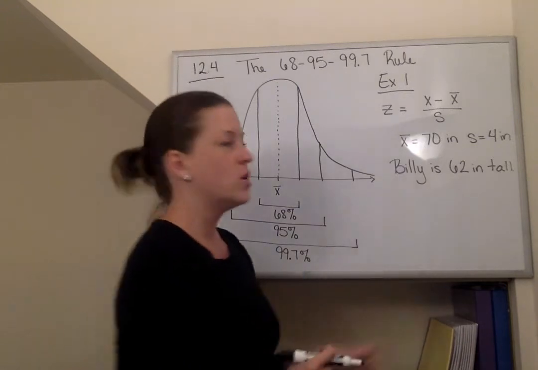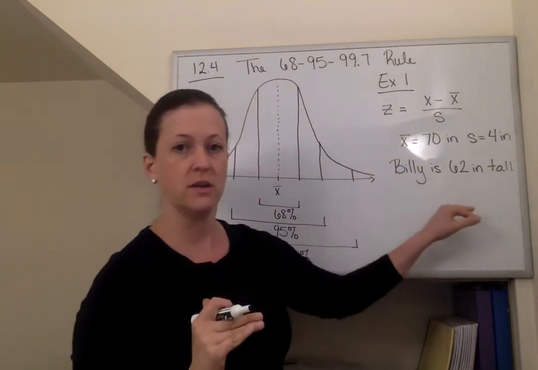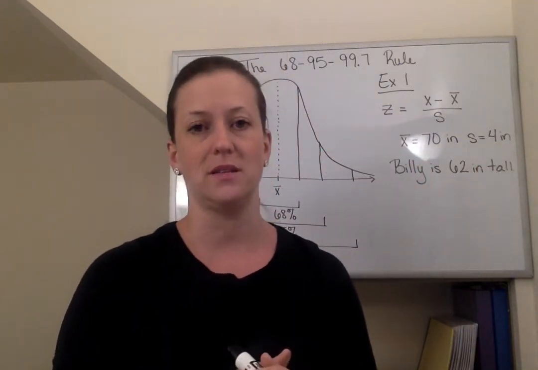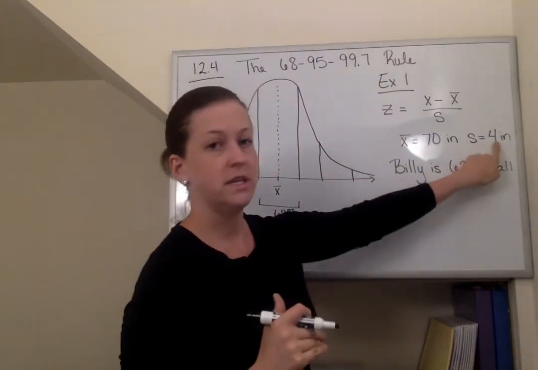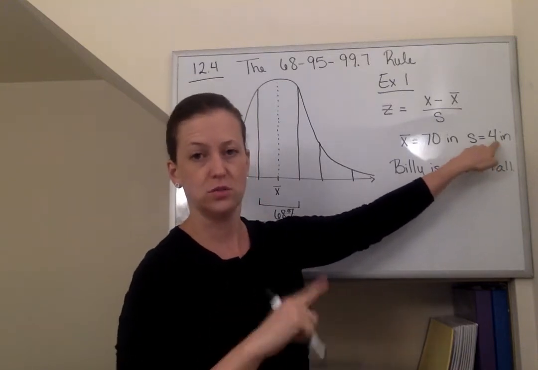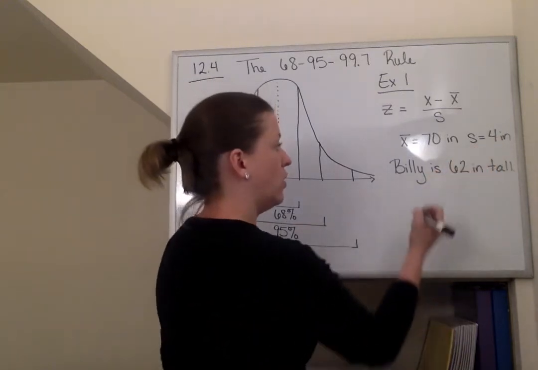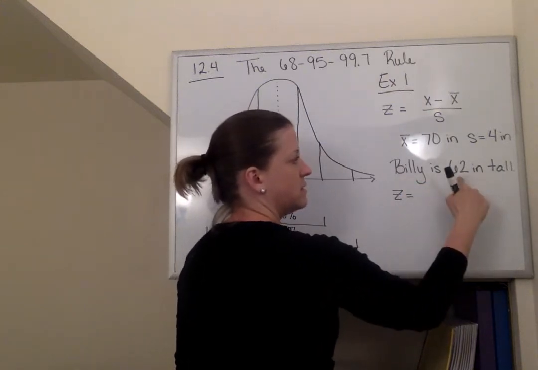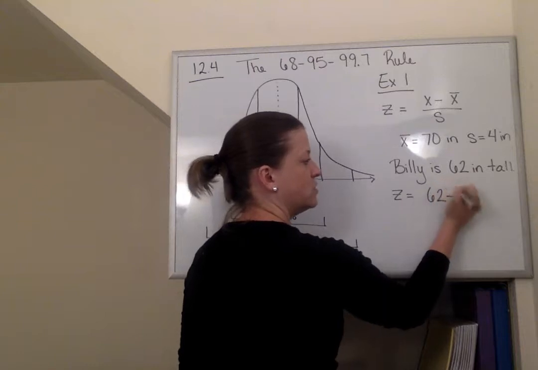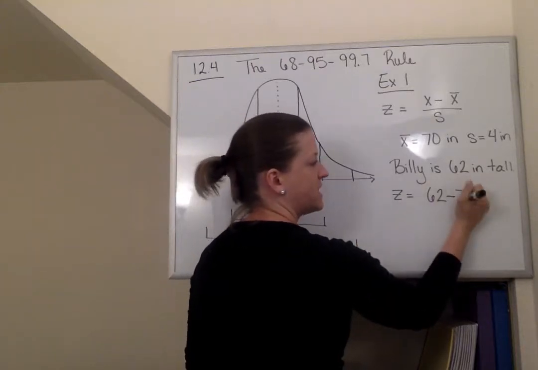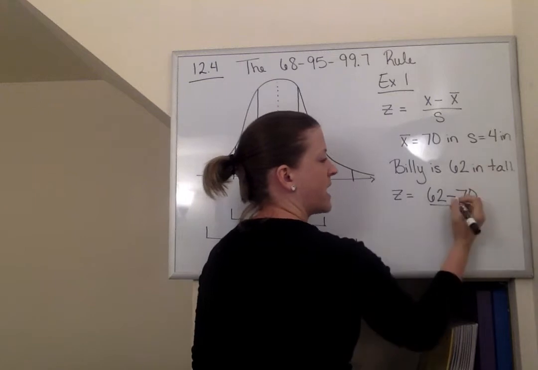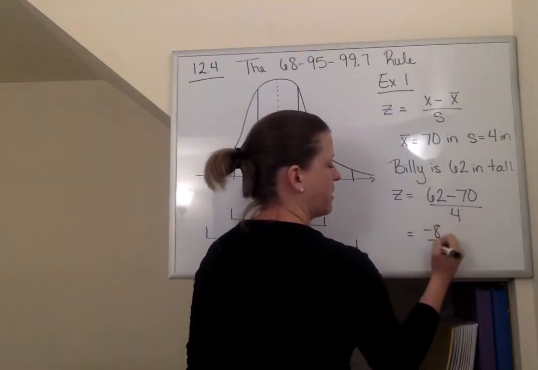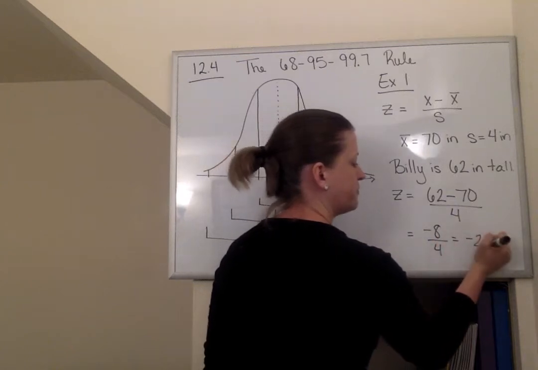Just before we calculate it, how many standard deviations is that? 8 inches is 2 standard deviations, 2 times 4, right? So if I calculate my z, my x is 62, my mean is 70, my s is 4, so that is negative 8 divided by 4, which is negative 2.